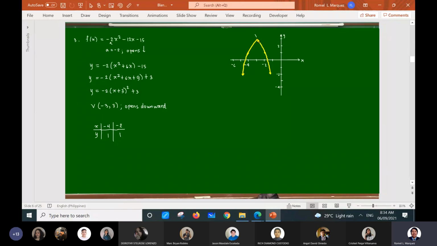Okay. What do you think the domain again? Because it is a quadratic function, the domain is the set of all real numbers, or in interval notation, we have this. What about the range, guys? The range is -infinity to what, guys?